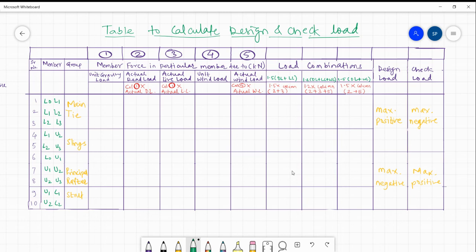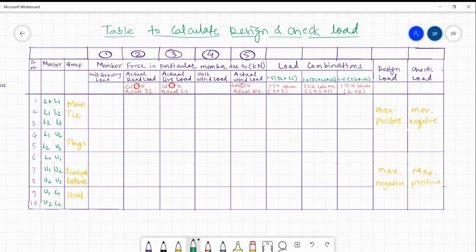So in this session, as discussed at the end of the wind analysis lecture, I will be sharing with you how to prepare a table to calculate design and check load. When you start analyzing any truss, at the end you will get some member forces.